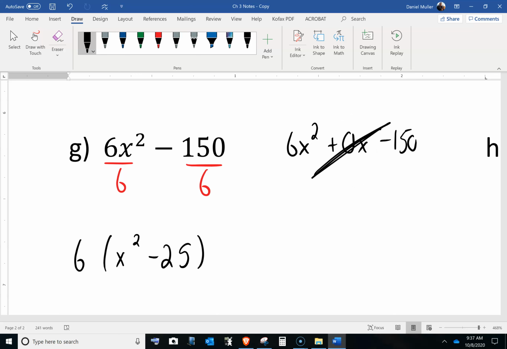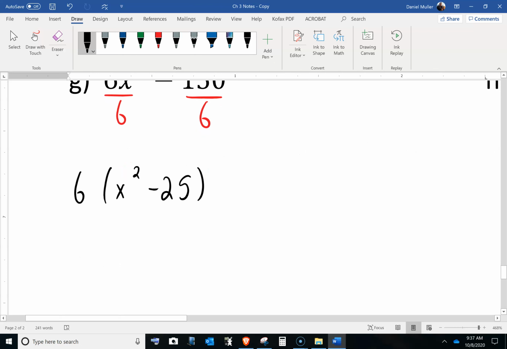So I need to make sure my diagonals cancel out. I also notice that 25 is a perfect number, and that it's like a 1 out in front. So 1's a perfect number, 25 is a perfect number, there's a minus sign in between, the middle term is missing, this is a difference of squares. So if difference of squares, we'll just use the square roots, so 5 and 5, but you make one positive and make one of them negative.